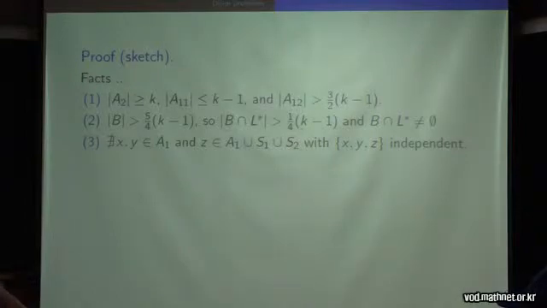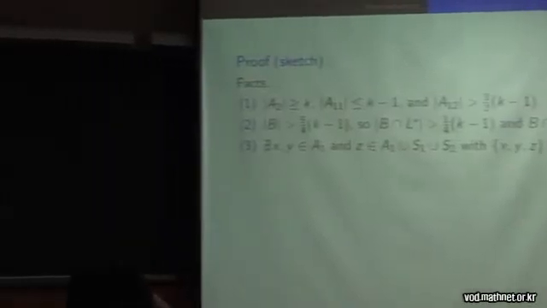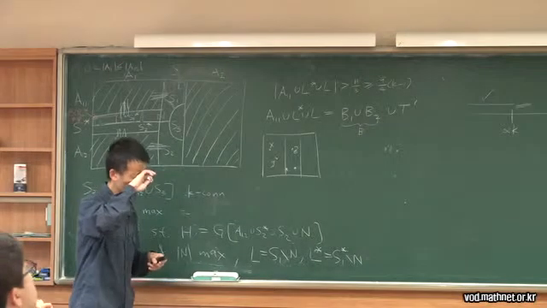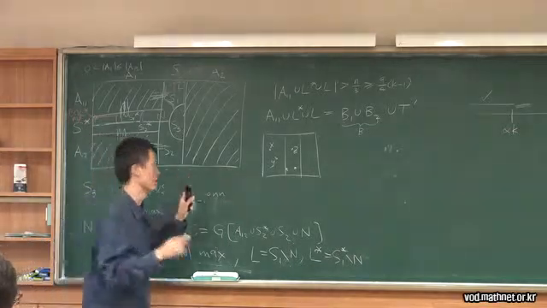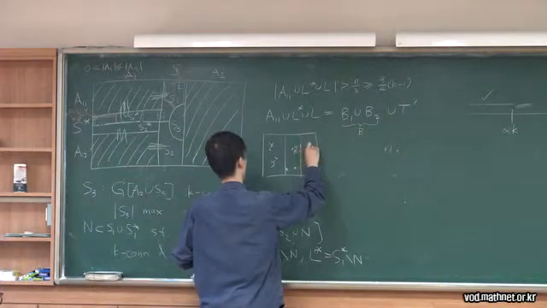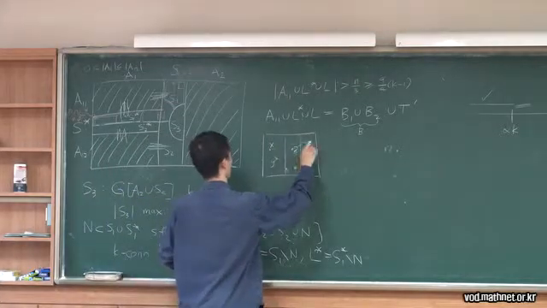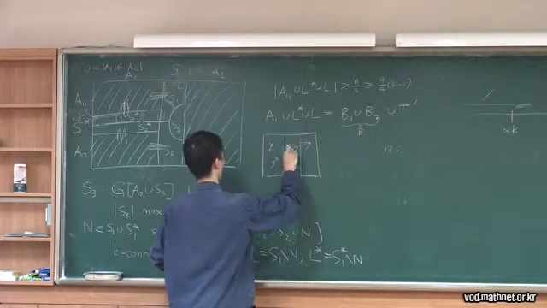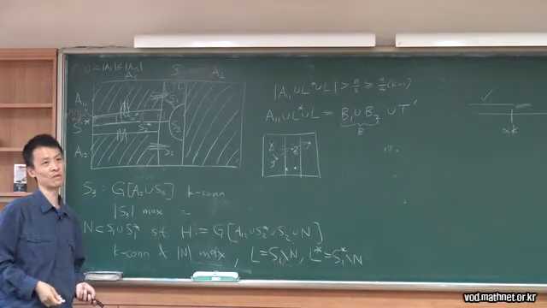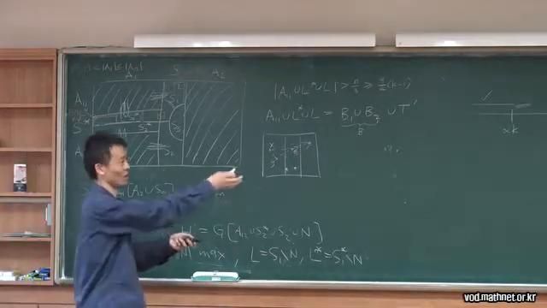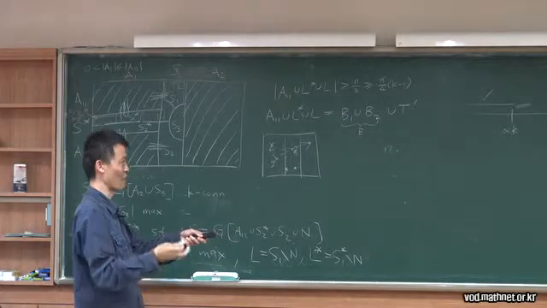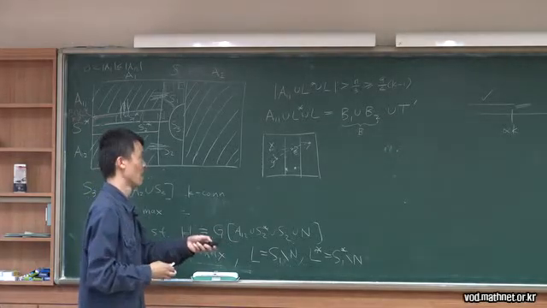Let's say I have that. Then what goes wrong? Because A2 is at least K, Z has a non-neighbor over here. And we assume this is independent. So we've got 4 vertices. So that's not allowed. So 3 here is a very important thing to keep in mind.